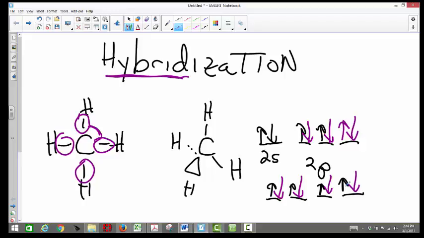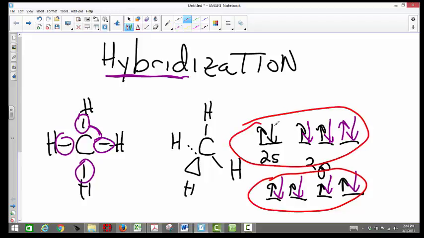So to an organic chemist, they would much rather have this than this. So the theory goes that for things like carbon, the s and the p orbitals mix together to create a new kind of orbital that would give us something like this.